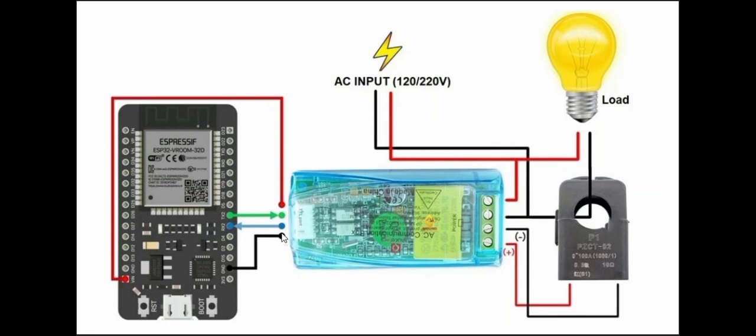The module reads the voltage, and the ESP receives the data from TX and RX.